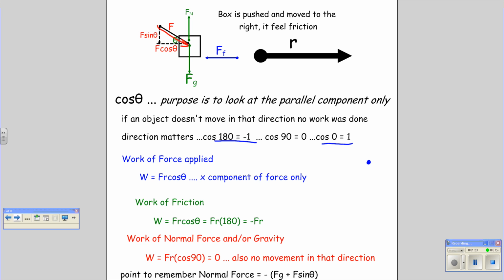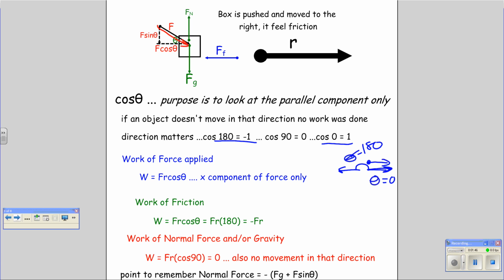So if your force is in this direction and your movement is in this direction, then your angle is 0. But if your movement is still in this direction, but your force is in that direction, then your angle is 180, and therefore the work is negative.